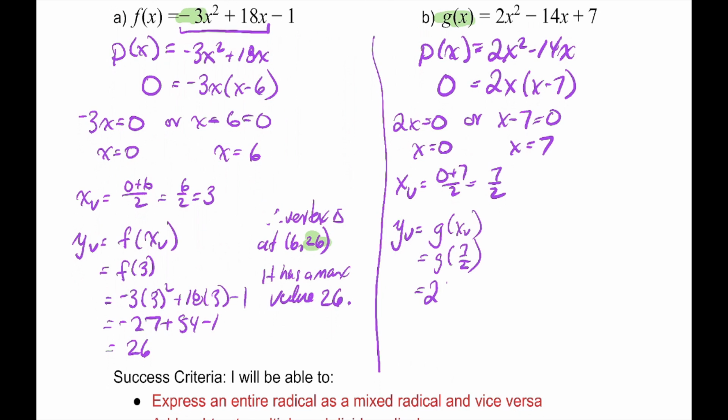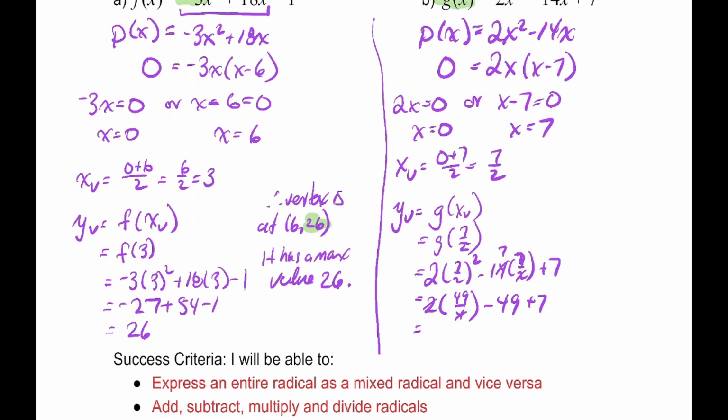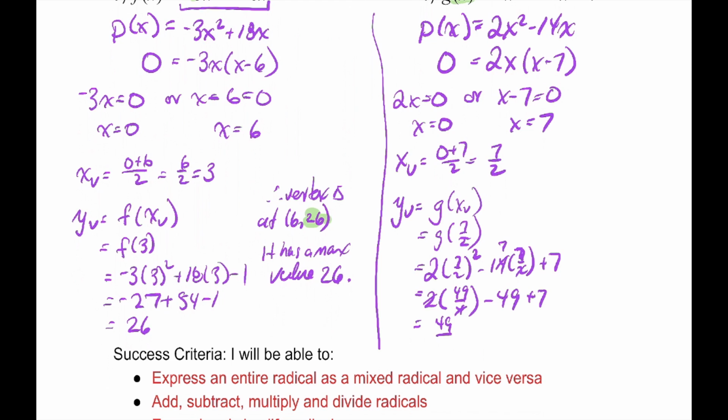So we get 2 times 7 over 2 squared minus 14 times 7 over 2 plus 7. So here 7 over 2 squared is 49 over 4, minus 14 times 7 over 2, so that reduces to a 7, so it's going to be minus 49, plus 7. And here the 2 reduces with the 4, so we get 49 over 2.